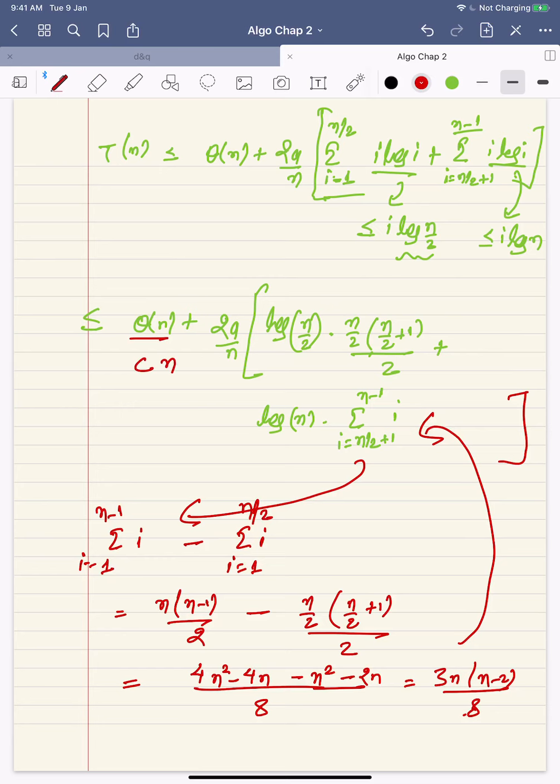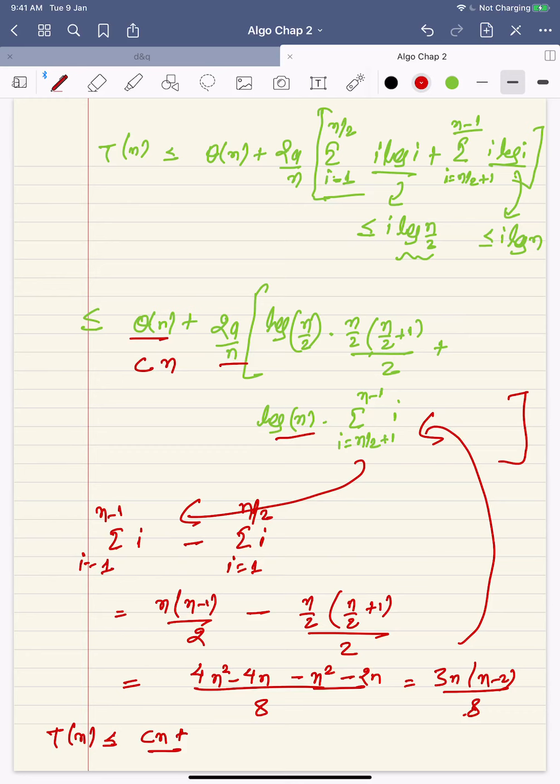Now let's again write this whole thing. Tn is less than or equal to Cn plus, and now this term you have to write carefully. There is surely this 2a by n, but inside there is one term with log n by 2, another with log n.